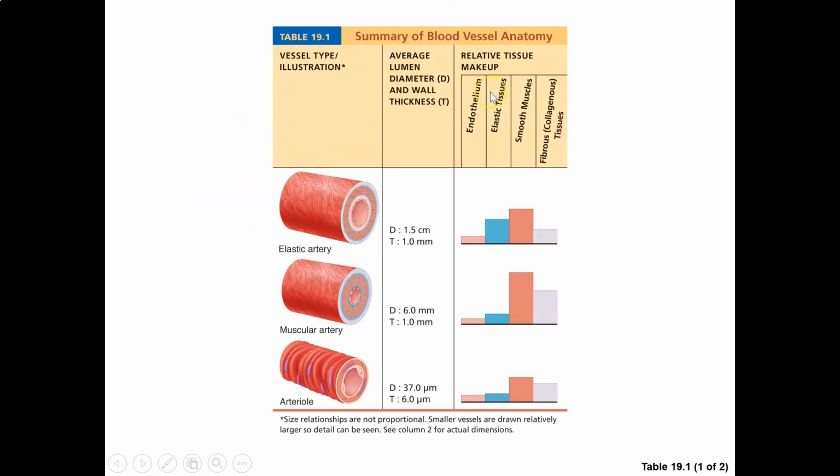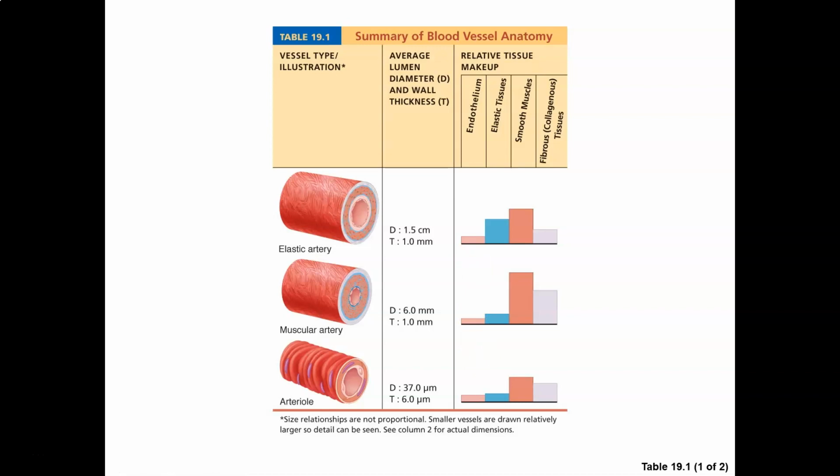Here's a nice little chart. You see the big, fat, elastic arteries there. Lots of smooth muscle, lots of elastic tissue. Notice that as we go through these vessels, the endothelium layer, that first bar on the graph, is constant. Because it is. It's constant through all the blood vessels.